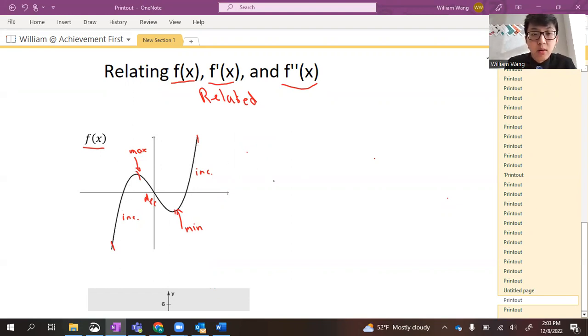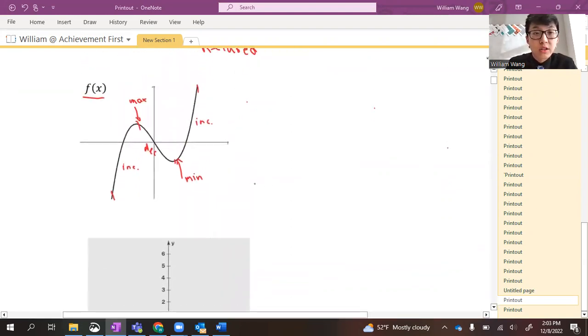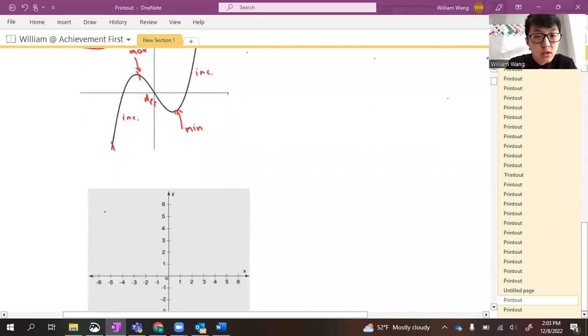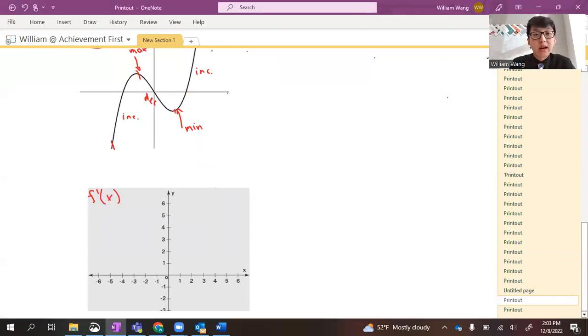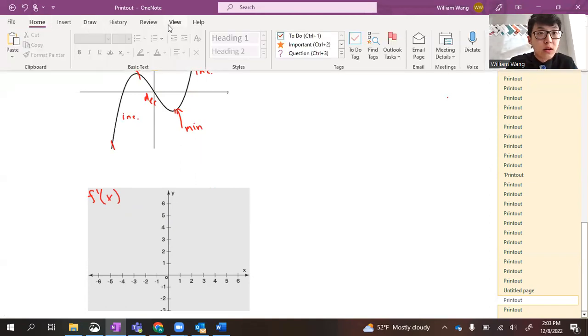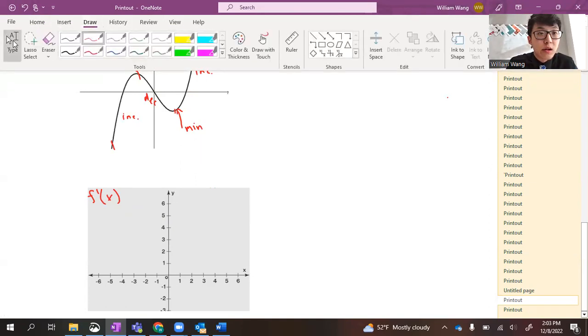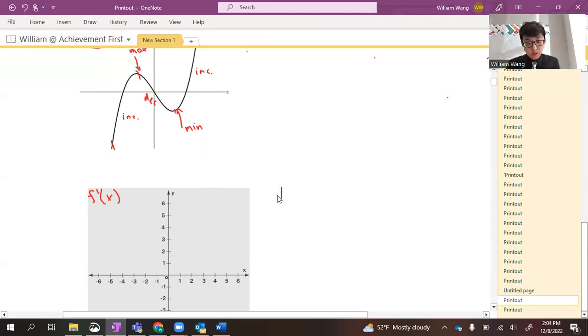And why is that? Well, let's clarify my relationship of f of x with f prime of x. So this graph, this one right under, I'm going to focus on this as f prime of x, or the first derivative. And I'm going to type this part. What is that relationship? That gives me all this information.